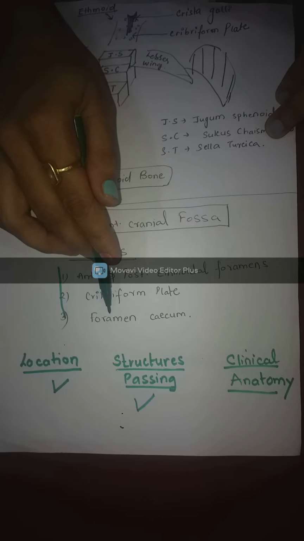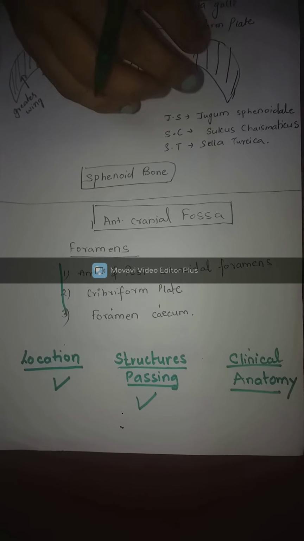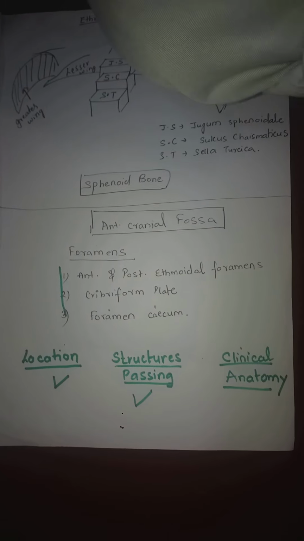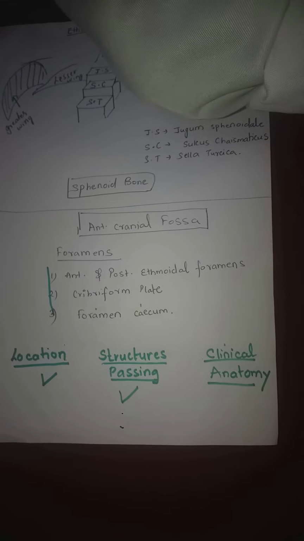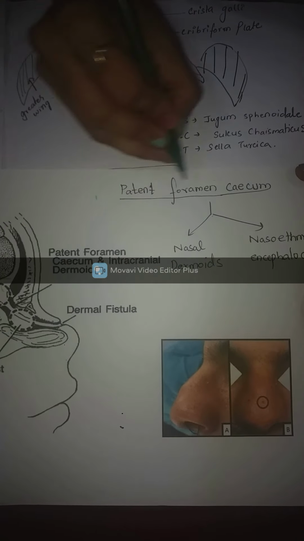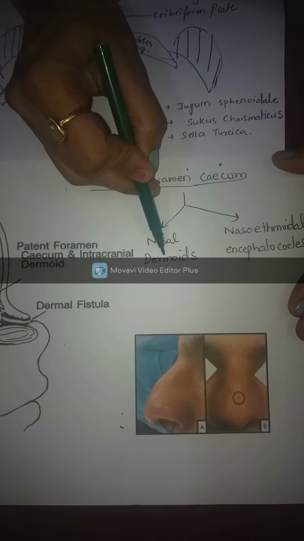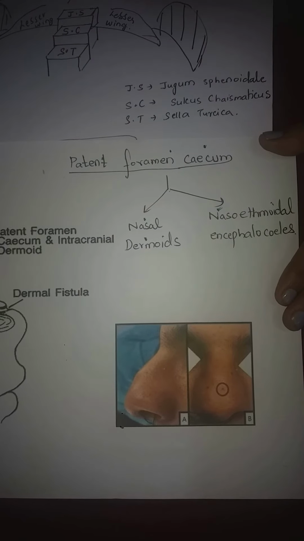With regards to foramen cecum, I want to tell you that sometimes when it is patent, it gives rise to a condition which is called, when I show you a picture, you get a visual memory. So, patent foramen cecum can give rise to nasal dermoids and nasoethmoidal encephaloceles.